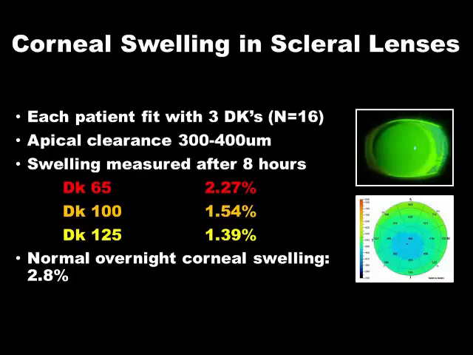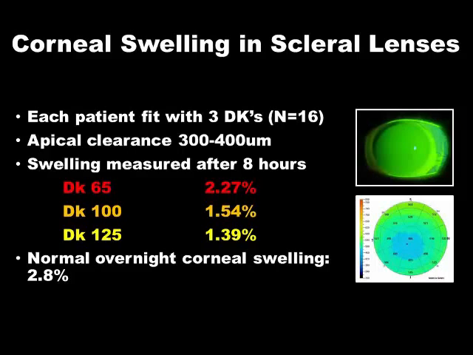In another study at Pacific University, 3 different DKs of lenses were placed on patients, each one over an 8-hour period, and the corneal swelling was measured. Even with the lowest DK material, a 65 DK lens in the ICD, the corneal swelling was in the neighborhood of 2.27%.